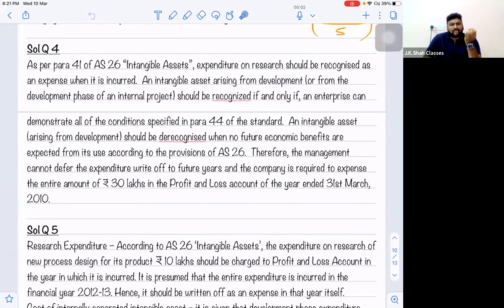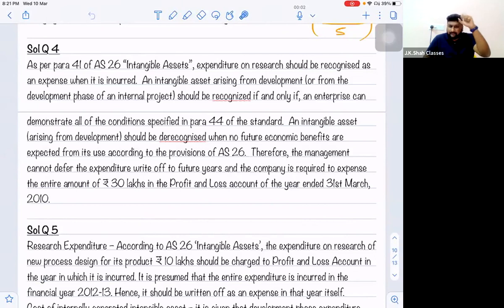So at one point of time, they are sure that yes, this rocket shall go. So development is completed. So they developed a technology. By using this technology, we can develop the rocket. So when the technology is finalized, all the calculations and all the algorithms are finalized, they can say that yes, with the help of this technology, I can develop a product. So it can take 2 years, 3 years, 4 years.